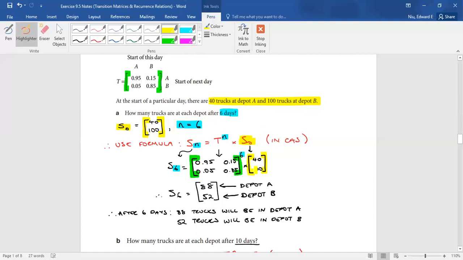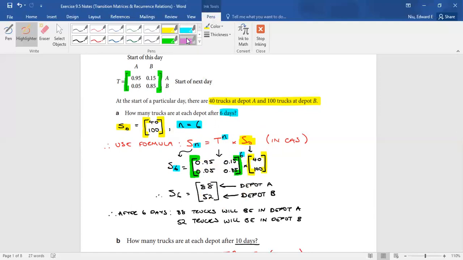And all you have to do now is input these, the right side, into your CAS calculator. Again, if you don't know how to find the power, press the triangle hat or the little up tippy hat next to X squared. You have to do that after you've created the matrix, of course, and then that'll get you the power. Multiply it with 40 and 100, and boom, your CAS will spit out your S6 answer.